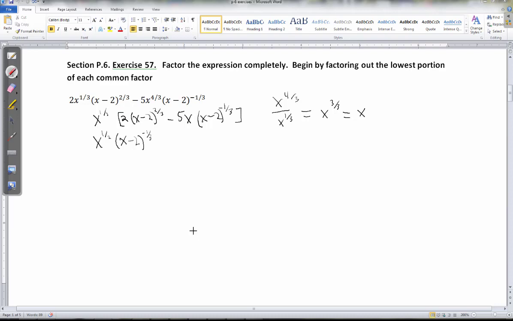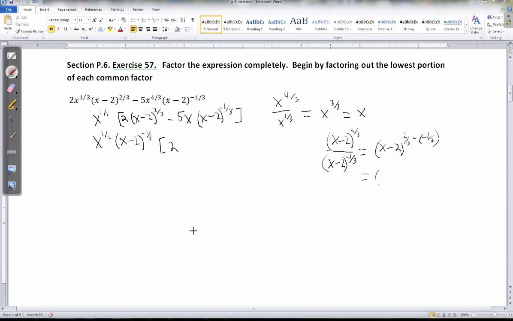There we go. So let's see what we're going to have left after we do that. We will still have the 2. And if you look at x minus 2 to the 2/3 and divide by x minus 2 to the negative 1/3, if I subtract negative 1/3 from 2/3, that'll be the same thing as adding 1/3.